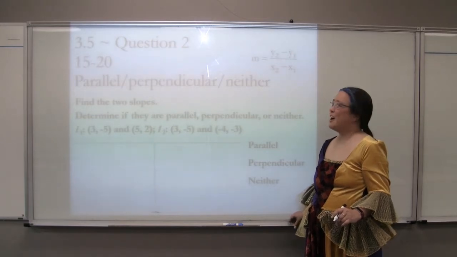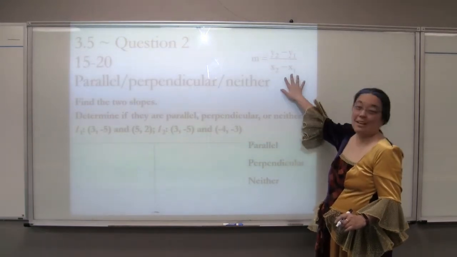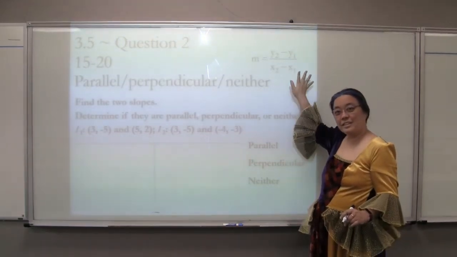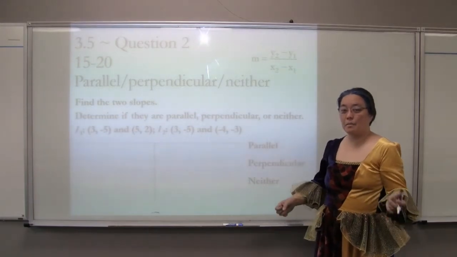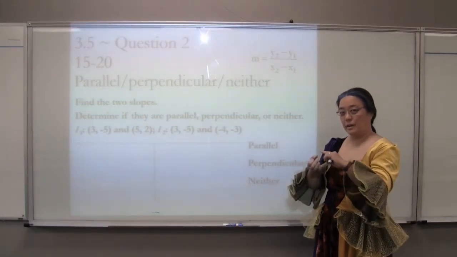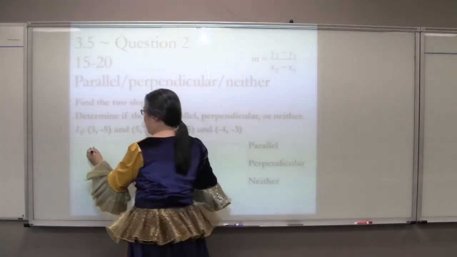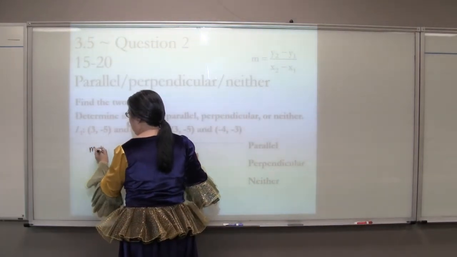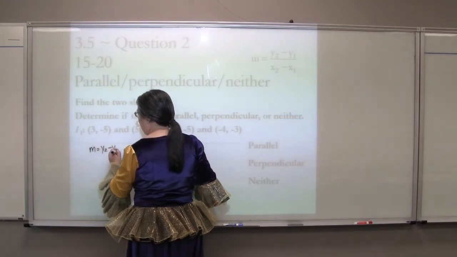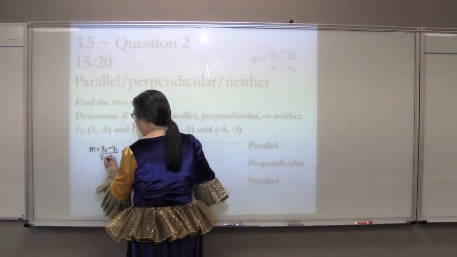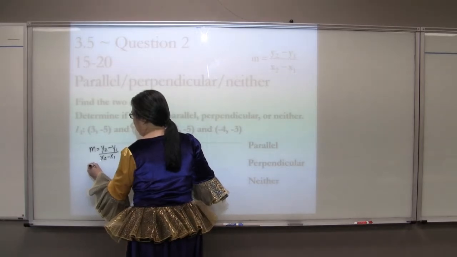Chapter 3, Section 5, Question 2. Hey, it's our old friend, the slope formula. And if you remember, I would like to see plug, work, and answer. Or actually, formula, plug, work, and answer. Here we go. Formula. Plug.